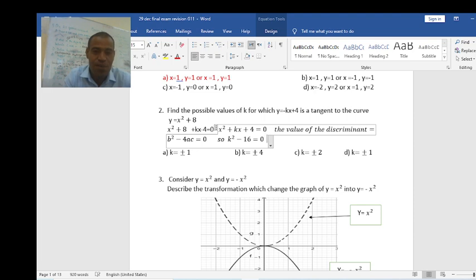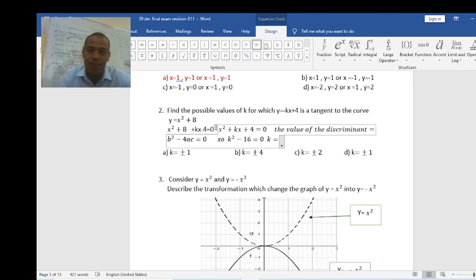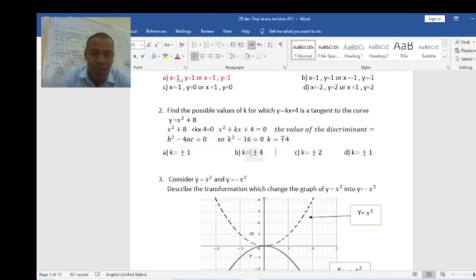Means what, learners? Means k is equal to plus or minus 4. So this is the correct answer. Okay, I will just select this one. Clear?